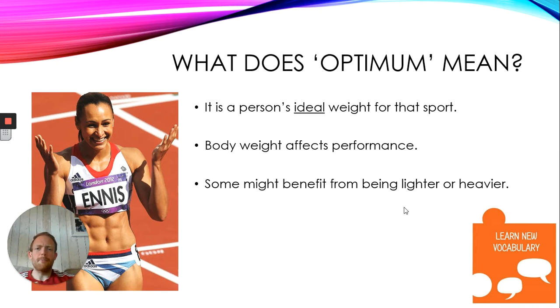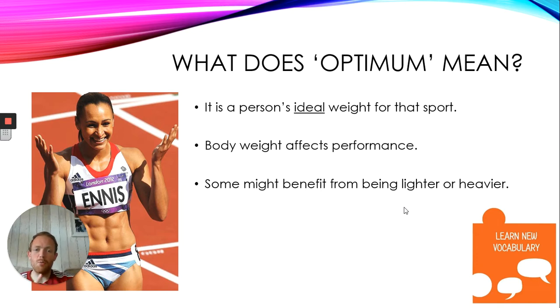So, we've got Jessica Ennis here. She was a heptathlete, so she had to do 7 different events of varying types that needed various types of physical ability. Some needed strength, some needed you to be lightweight, so she needs a real balance there.